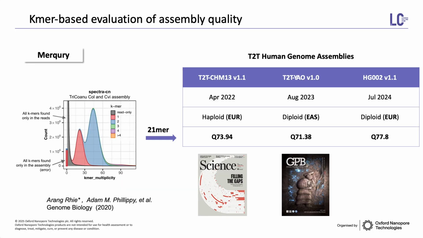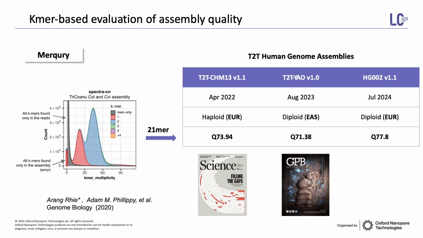Thank you, Kathleen, for the introduction, and it's my pleasure to be here to share my recent work on how to polish the diploid human genome towards an error-free status. To achieve this goal, an accurate genome quality assessment is essential.